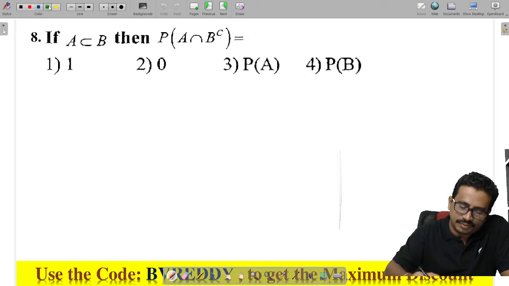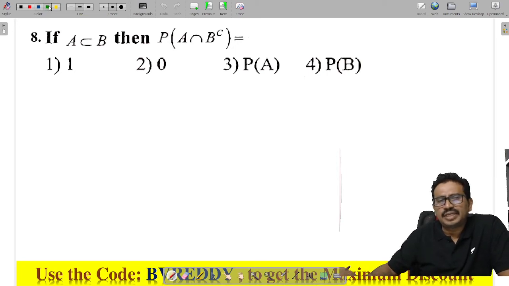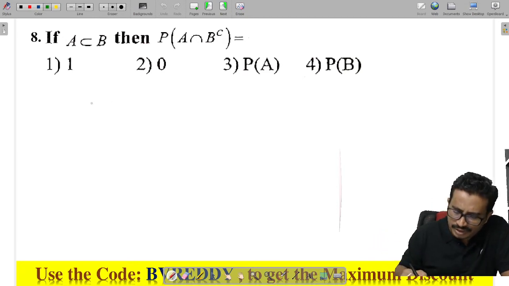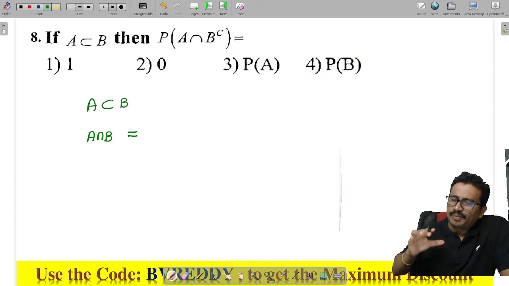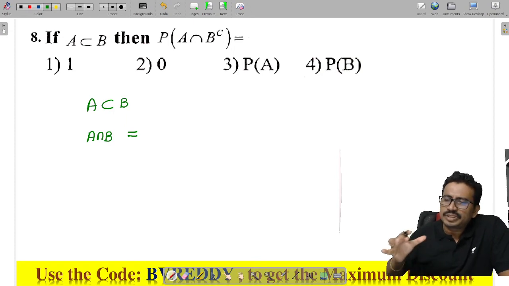Next, A is a subset of B. That means whatever elements are in A are all available in B. If I take A intersection B, A is smaller, and B contains all the things of A, in addition to some more.